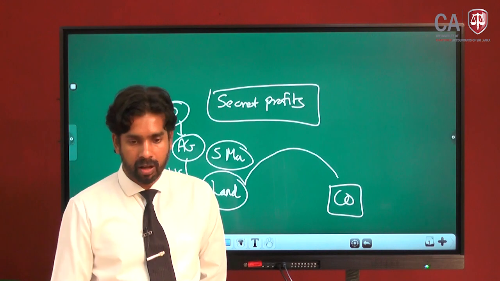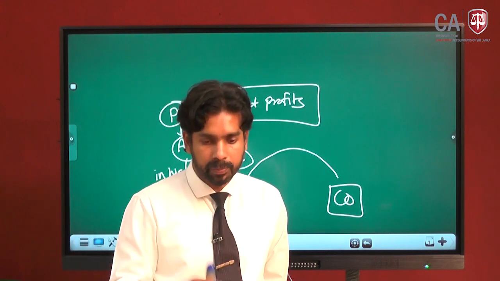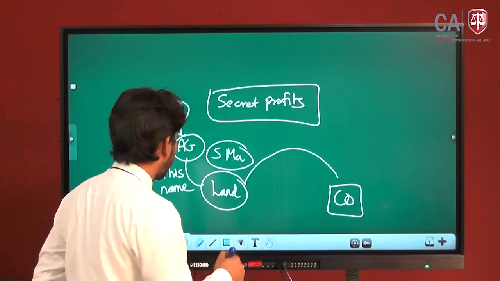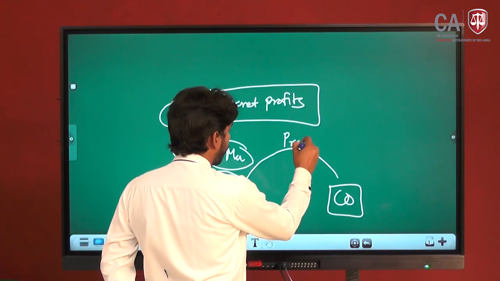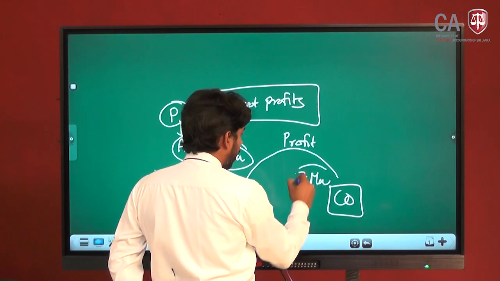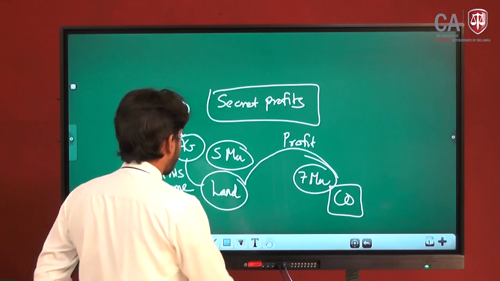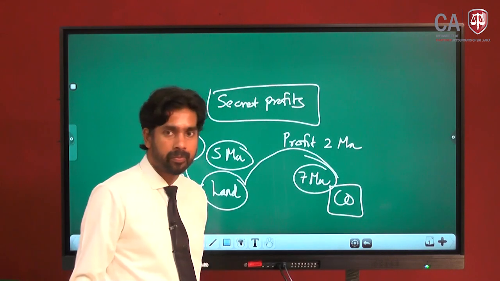Now, he is in the process of forming a company. So, he has first purchased the land in his name and immediately sold the land to the company at a profit. Let's say he has sold it to the company for 7 million. So he has generated a profit of 2 million from this transaction.